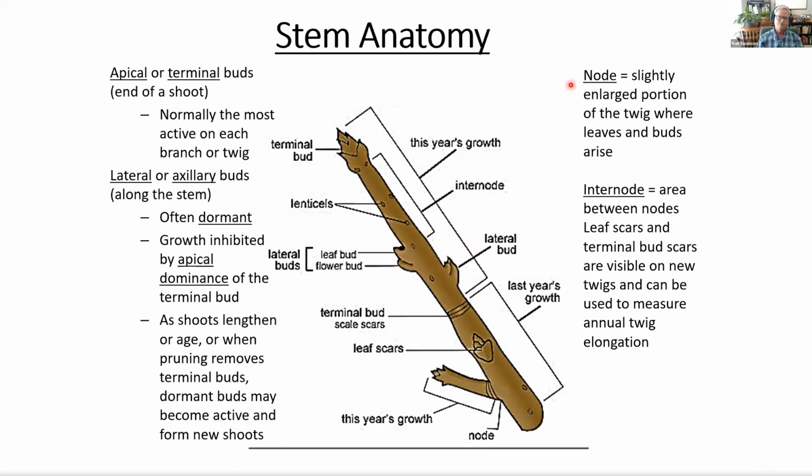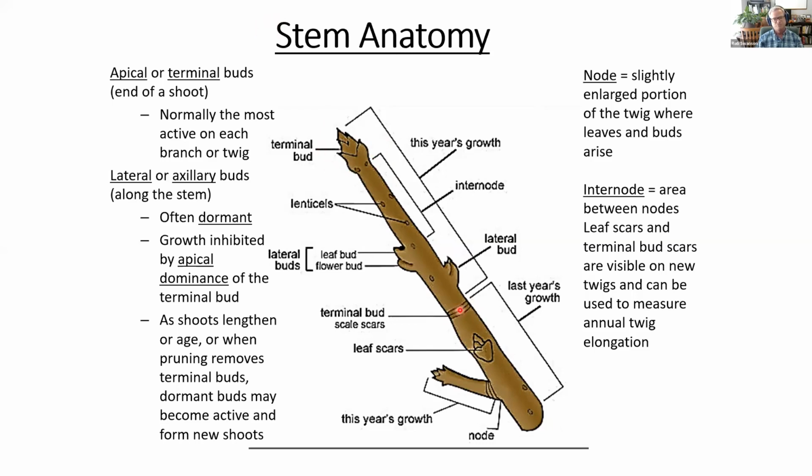So a node is a slightly enlarged portion of the tree. You can see where this scar looks really different from anything else on this stem. This scar that goes all the way around is referred to as a node. These nodes start, so like the following year's node would be right here. And so this part will go through stem elongation and grow some distance to the end of the next growing season, and there'll be another node up here.